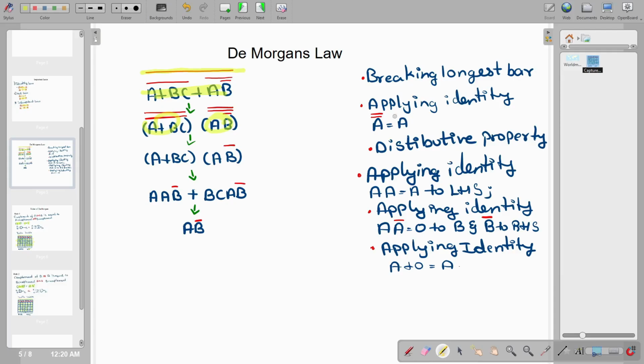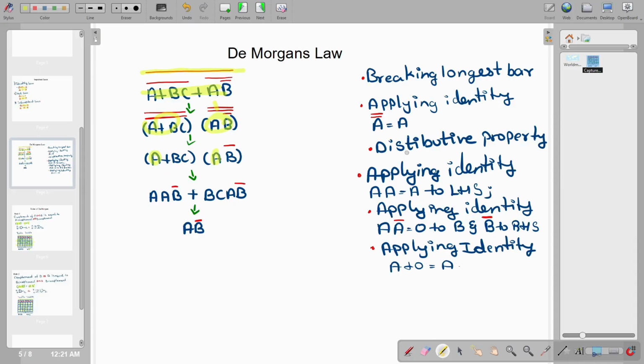Apply the identity: A double bar is equal to A. So wherever we see A double bar, it will be considered as A. So A double bar becomes A, and over here on the RHS, A double bar becomes A.